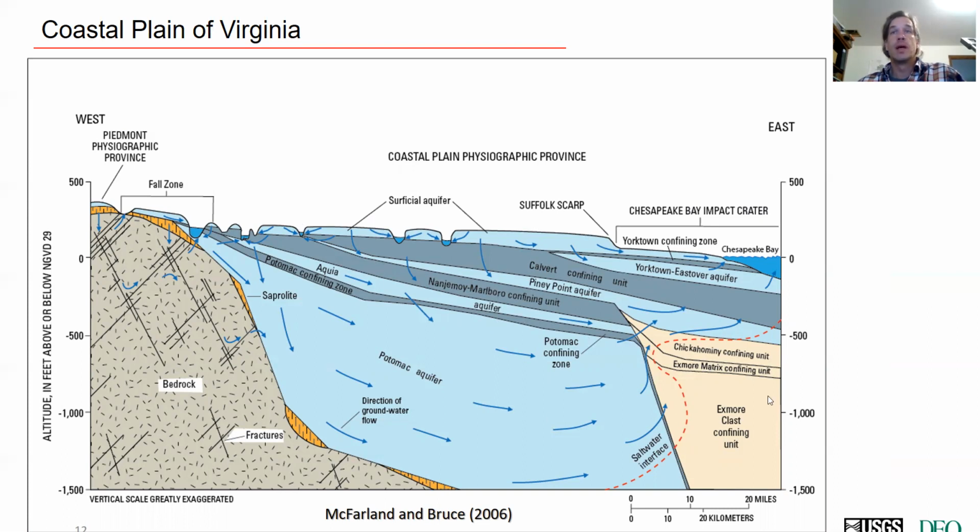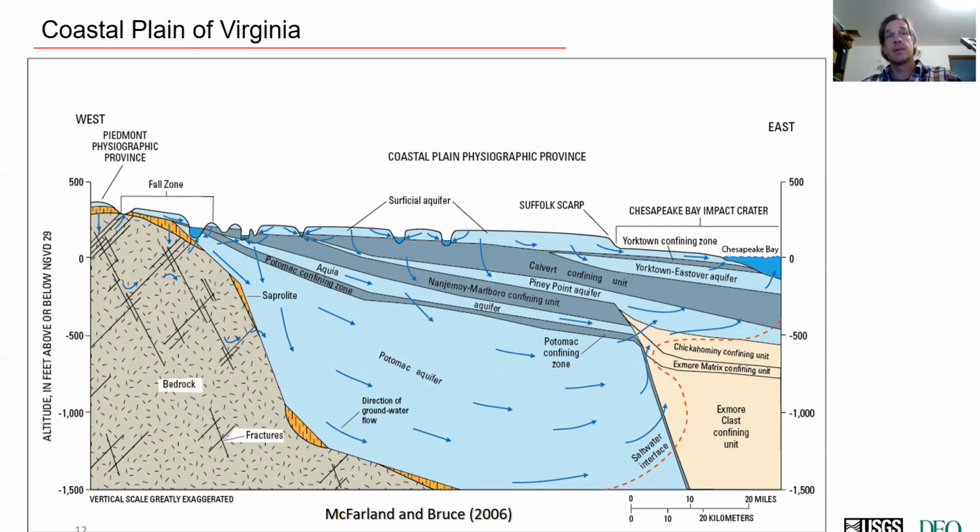Another thing I want to point out is this feature here. This is called the Chesapeake Bay Impact Crater. And it was what we call a bolide. That's the geologic term for it. A meteor that smashed down into present day Chesapeake Bay and rapidly ejected all the sediments out of the impact area, which was like 50 miles in diameter.